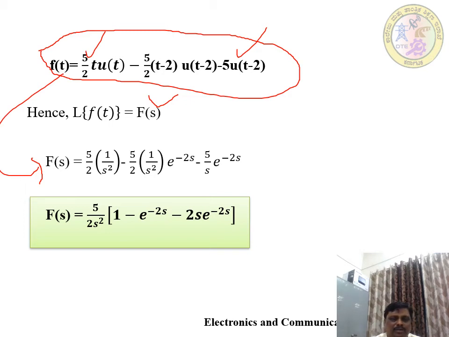Taking 5 by 2s square, which is common in all the terms, outside the bracket: 1 minus e to the power of minus 2s minus 2 into s e to the power of minus 2s. That is the required solution for the given function mentioned in terms of the diagram.